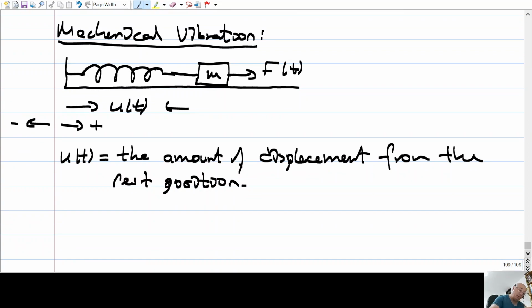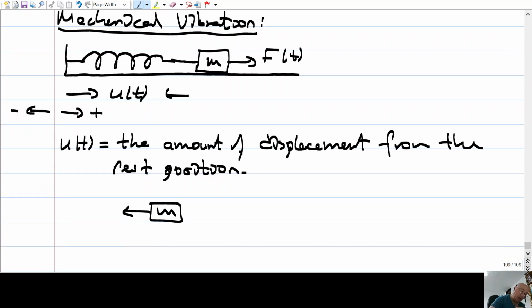Now let's write down the forces acting on m. Well, here is my mass m. There is, of course, the force acted on this mass by the spring. How much? Well, it is just the amount of displacement times the spring constant.